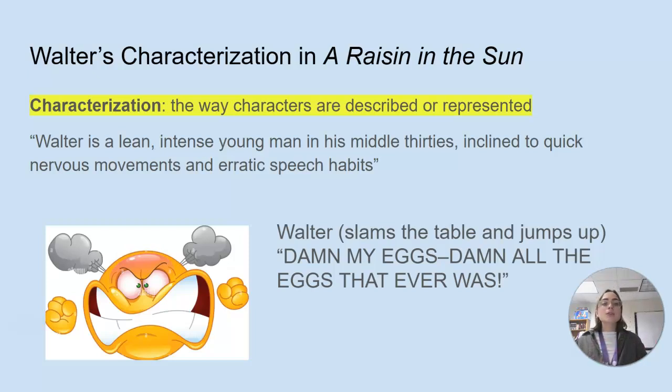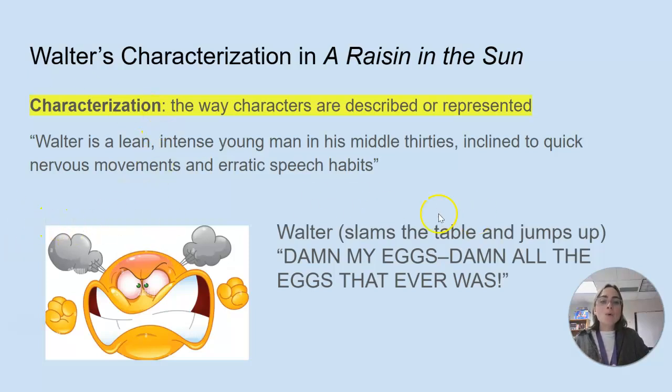So that was the physical description that started to paint a picture of who Walter is for us. We learned that he's lean, that means kind of skinny, he's intense, he's in his mid-30s, he's nervous, he's erratic. So this really starts to build Walter's character in our mind.